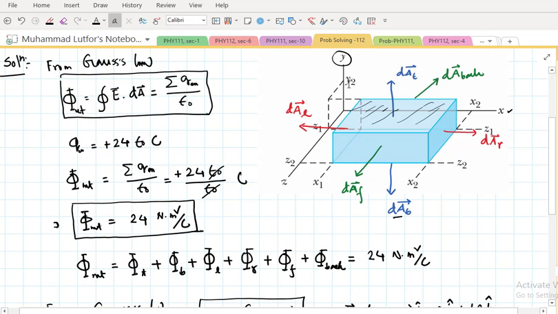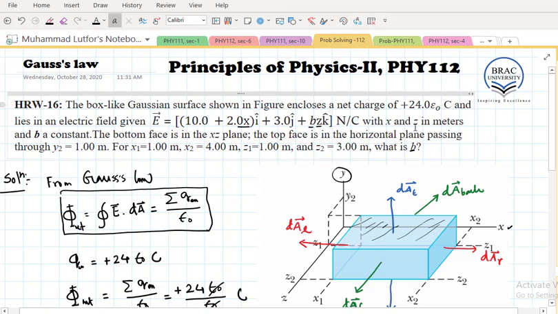Y2 is basically 1 meter. The top surface is a horizontal plane passing through y equal to 1. That means when y equal to 1, it should be the top surface. If y equal to 0, then it's the bottom surface. By changing the value of y, your surface would also be different.